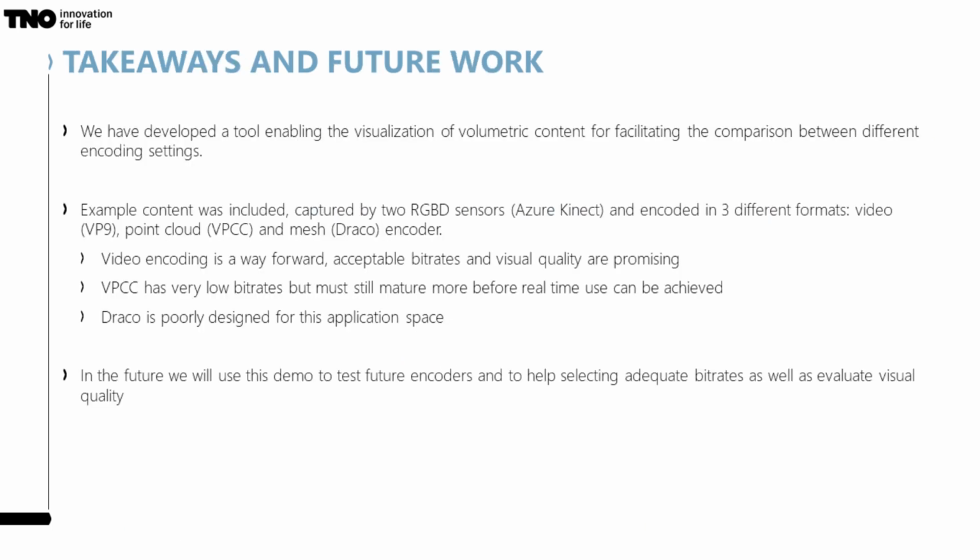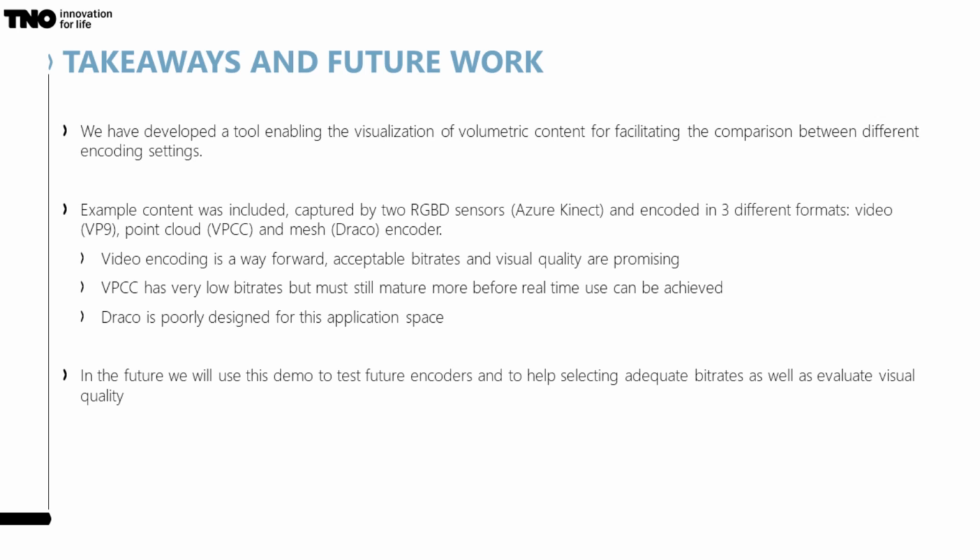So, what are the takeaways and the future work we want to do with this after this paper? Well, we've developed a tool where we can easily visualize the encodings of 3D representations of people, which makes it much easier to evaluate the different bit rates and do subjective testing. From the encoders, we see that video encoding is definitely an option right now, as long as we move towards hardware encoding or faster software encoders.